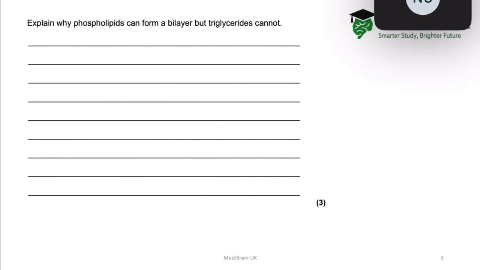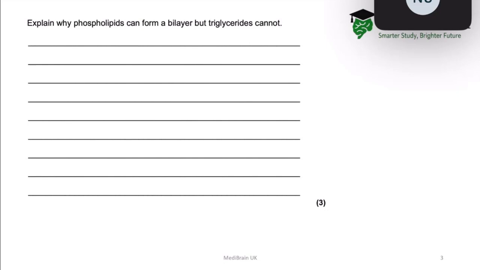So it says explain why phospholipids can form a bilayer, but triglycerides cannot. This is from our biological molecules topic. We looked at the structure of phospholipids and triglycerides. Phospholipids have a phosphate group attached to the glycerol, and that phosphate group is charged, which means that it's hydrophilic.